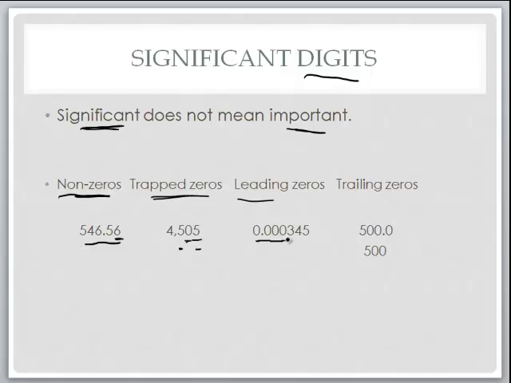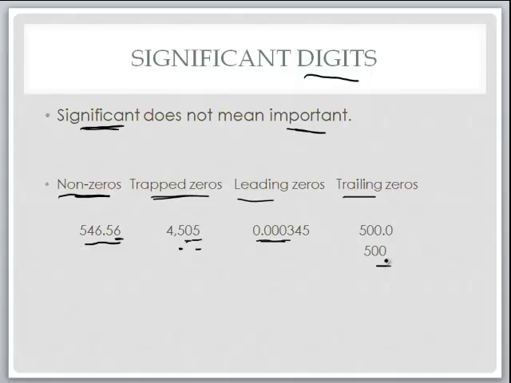Leading zeros are zeros that are to the left of a non-zero digit. And the other scenario is trailing zeros. Trailing zeros are kind of like the opposite of leading zeros. They're zeros that are to the right of any non-zero digit. So you've got all non-zero digits, trapped zeros, leading zeros, and trailing zeros.